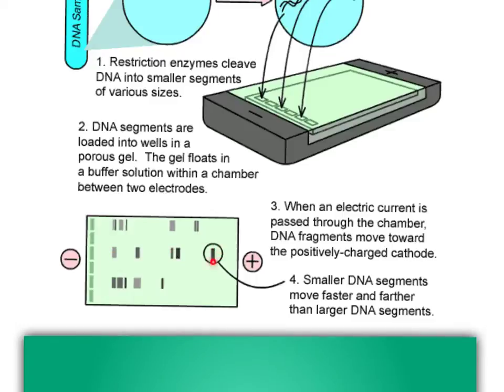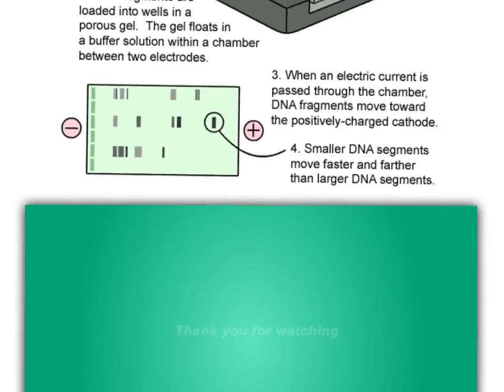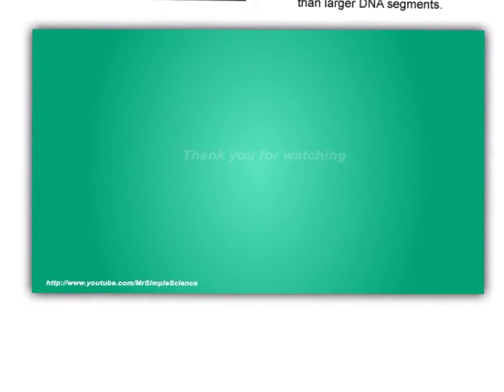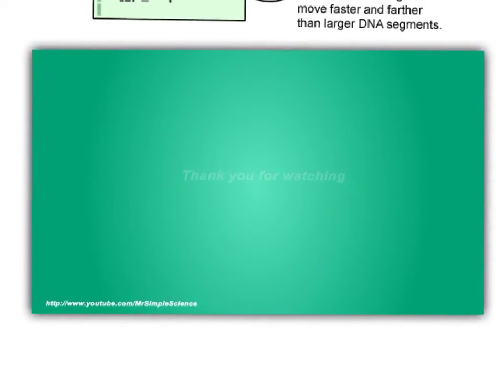This bit here is smaller than this bit here because it's managed to travel further through the gel. As it says here, smaller DNA segments move faster than the larger DNA segments. And I've got a little video clip which illustrates some of that as well, which I'll show you.